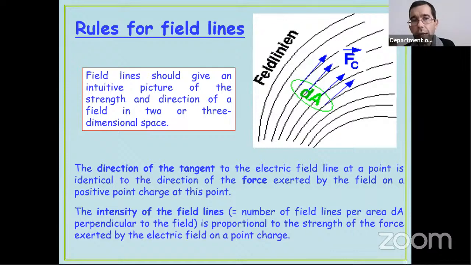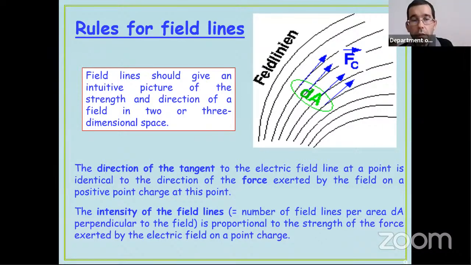How can we represent the electric field? For this, we have a model. This model is the model of field lines. The field lines allow for a graphical representation of the electrostatic field acting in a given region of the space.